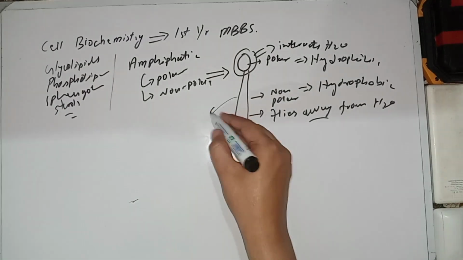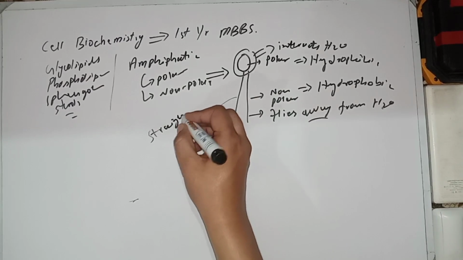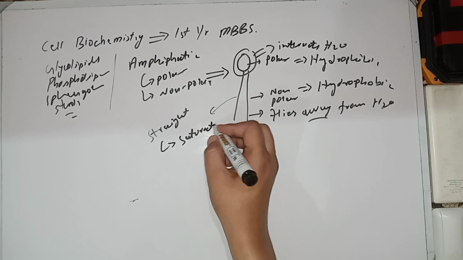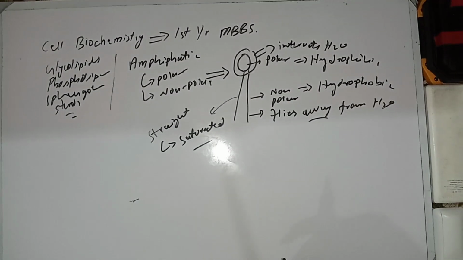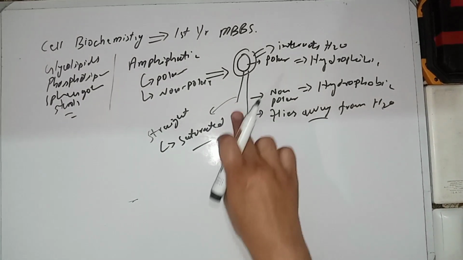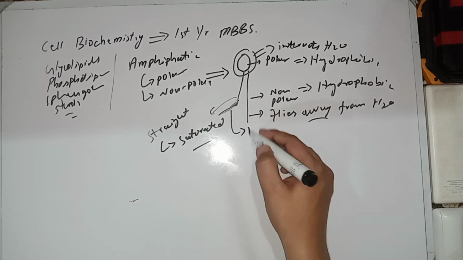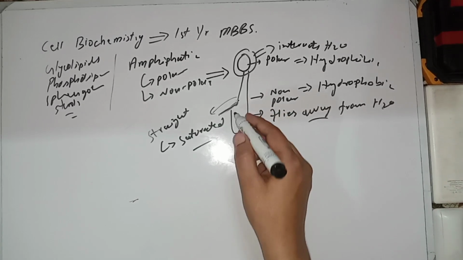And this tail is straight when membrane lipids are saturated. When membrane lipids are saturated, it means they don't have any double bond, so the tail is straight. However, when they have a double bond, it gets tilted. A nick or a tilt is introduced here when they become unsaturated.